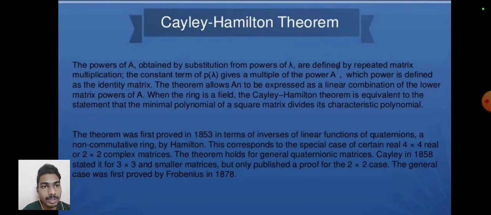The theorem holds for general quaternionic matrices. Cayley in 1858 stated it for 3 by 3 and smaller matrices, but only published a proof for the 2 by 2 case. The general case was first proved by Frobenius in 1878.